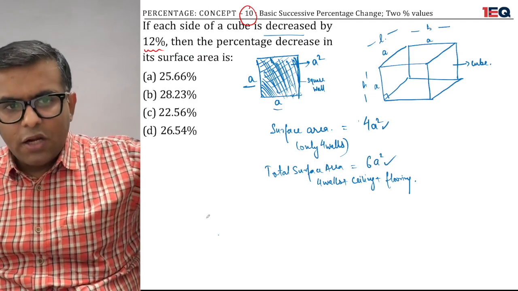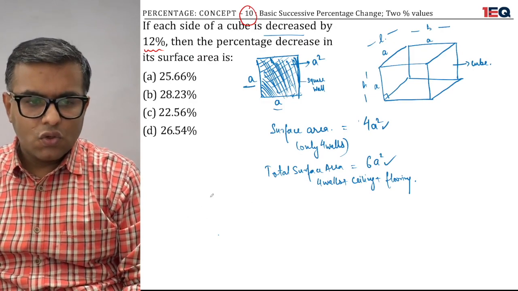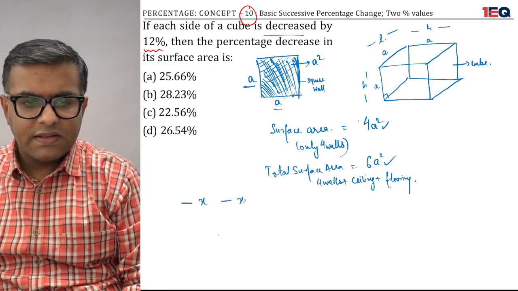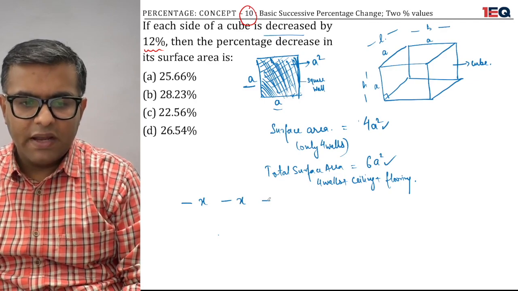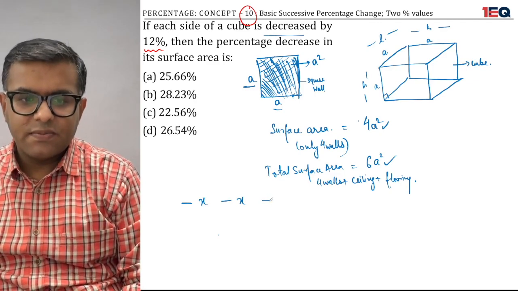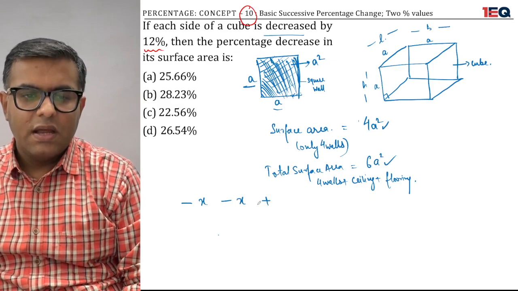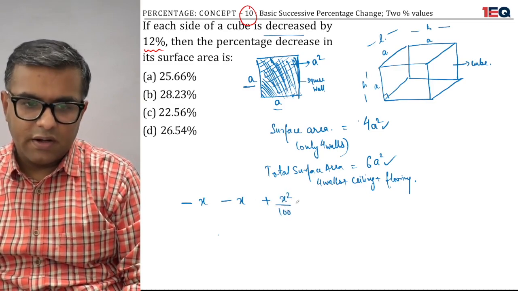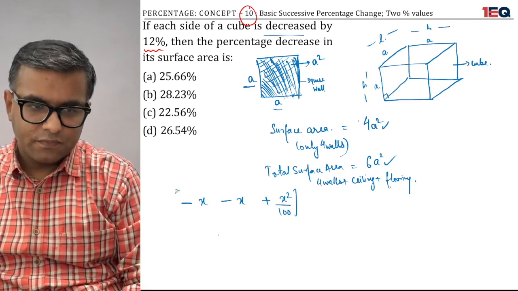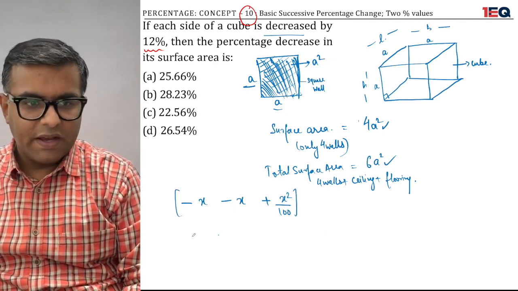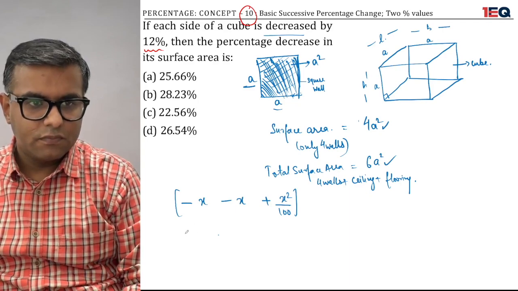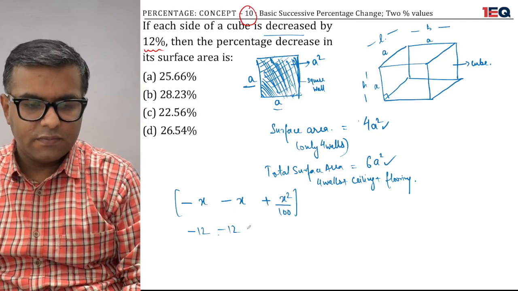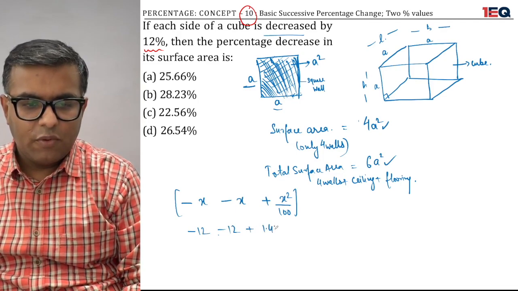Particularly here, the side of a cube is decreased twice. So there would be an impact of minus x% decrease, minus x% decrease, and then the minus minus would get cancelled and create a plus, and that would have an x square upon 100 factor in it. Okay, so I'll be plugging in the value immediately. Minus 12 plus 1.44.